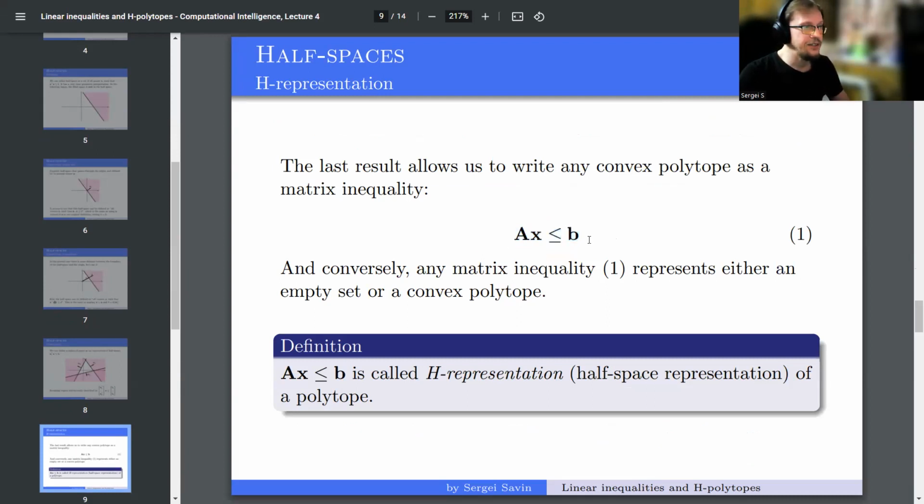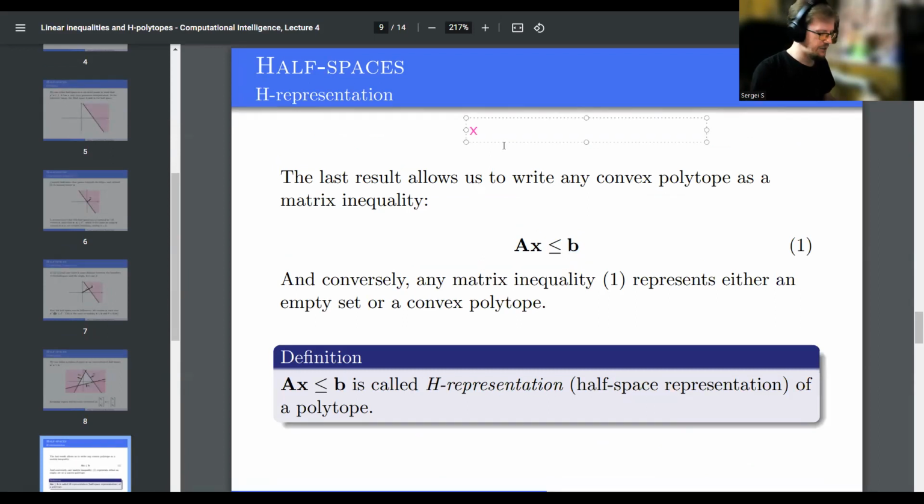And this can represent an empty set. For example, if we write x less than or equal to 4 and minus x less than or equal to, say, minus 7, then this represents an empty set because there is no such x. You couldn't find x that satisfies both of them. The last one is equal to x bigger than 7, so clearly impossible.